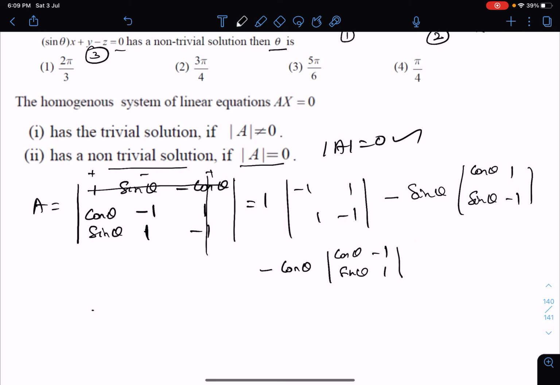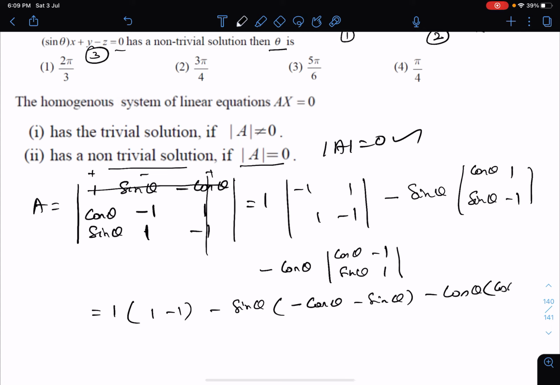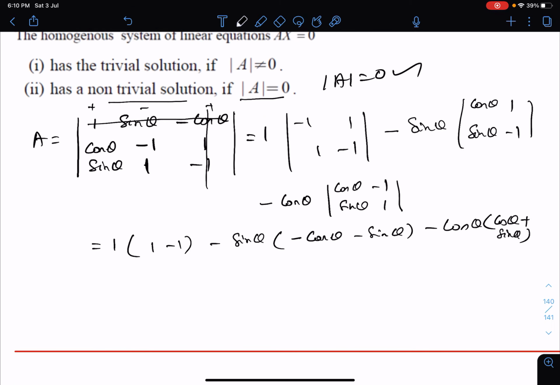Now what is going to be our answer? 1 into 1 minus 1, minus sin theta into minus cos theta minus sin theta. The third one is going to be cos theta into cos theta plus sin theta. Okay. So now expanding this, this first term is going to be 0, so you can leave this.